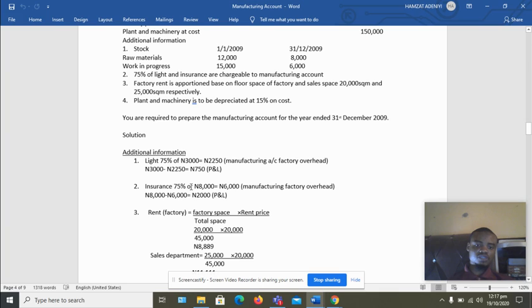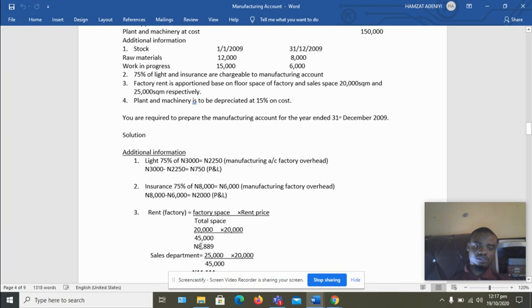Insurance also 75%, of 8,000 naira. You get this 8,000 naira in your trial balance. That's 6,000 naira. Then moving to the next one, we have factory rent, which is apportioned on floor space, 20 square meter. Rent of factory will be factory space divided by total space times rent price.